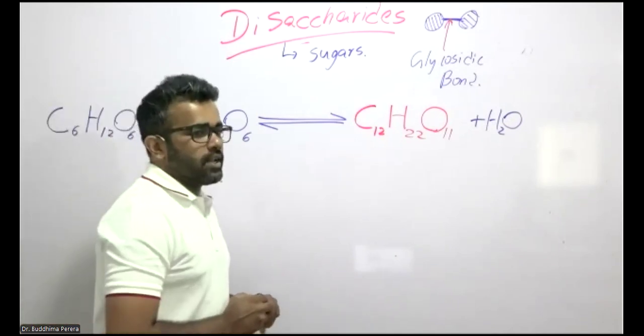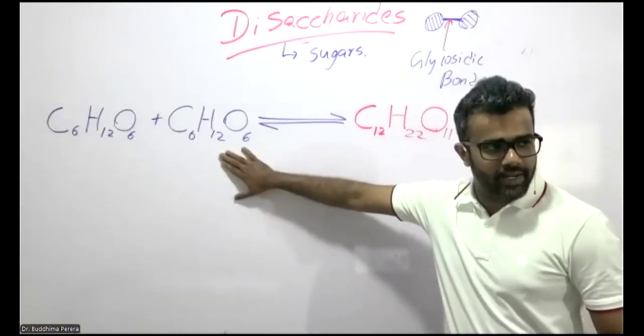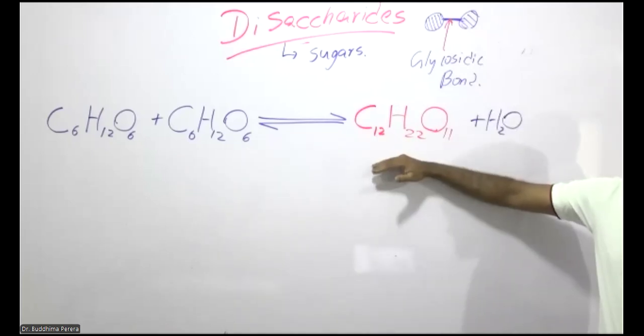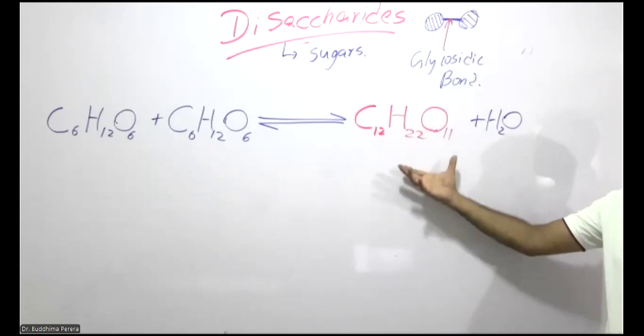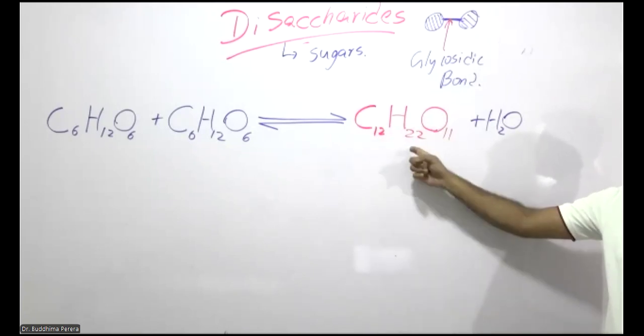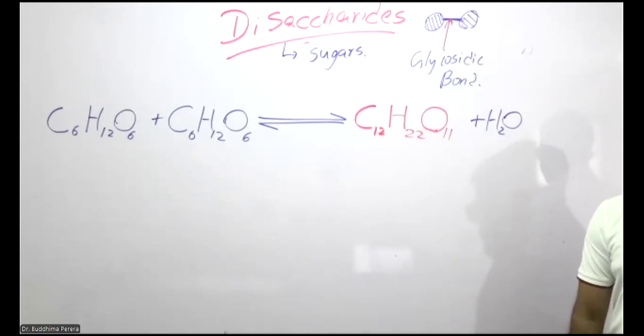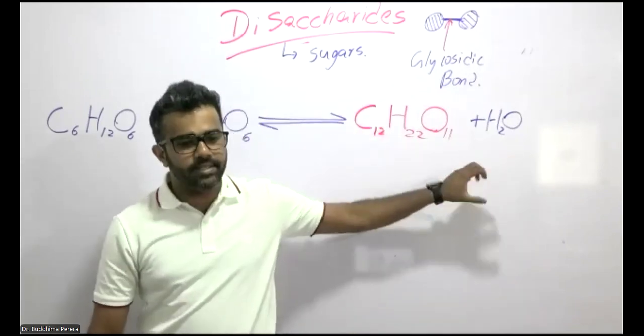So it's easy, right? You just have to double the monosaccharide and remove a water molecule from it. Then you can have the formula of the disaccharide. Actually, this is not valid for all disaccharides.